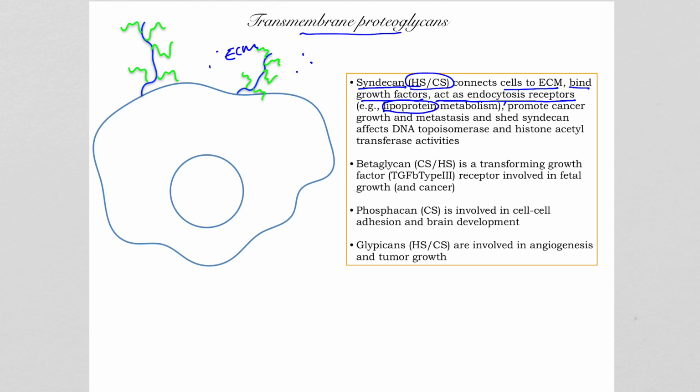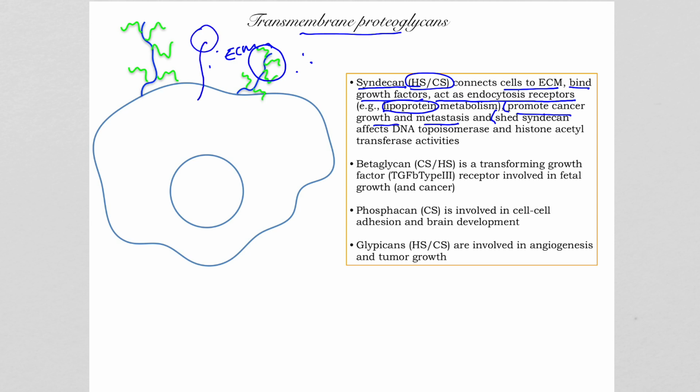Of course, there is a big connection between cancer, the extracellular matrix, and proteoglycans. They can promote cancer growth, and they can promote the spread of cancer. And then there is this shedding of syndecan. Basically, this part of the syndecan can be broken away and become free from the plasma membrane.